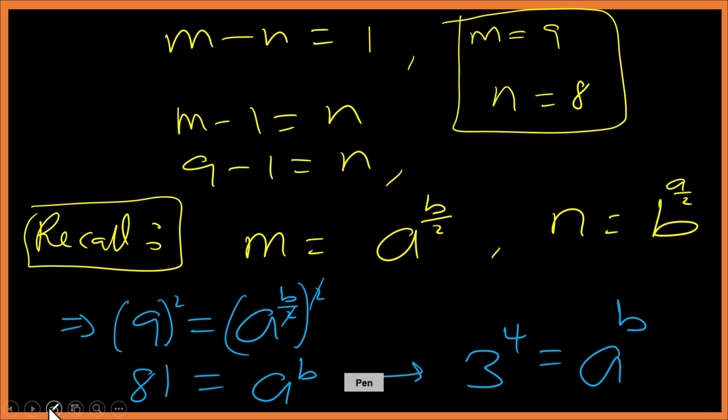Following this arrangement, 4 is equivalent to b, then 3 is the same as a. So we have a equals 3 and b equals 4.